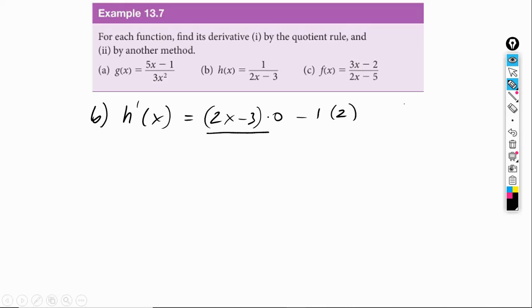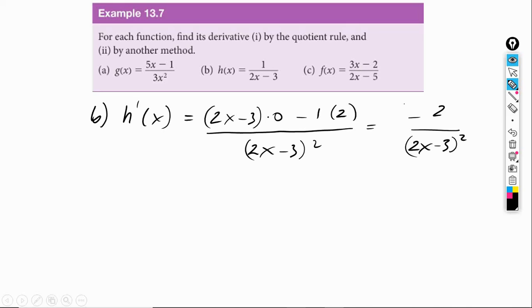And this over low squared, so it's going to be 2x minus 3 squared. And then we can rewrite this simply as minus 2 over 2x minus 3 squared.